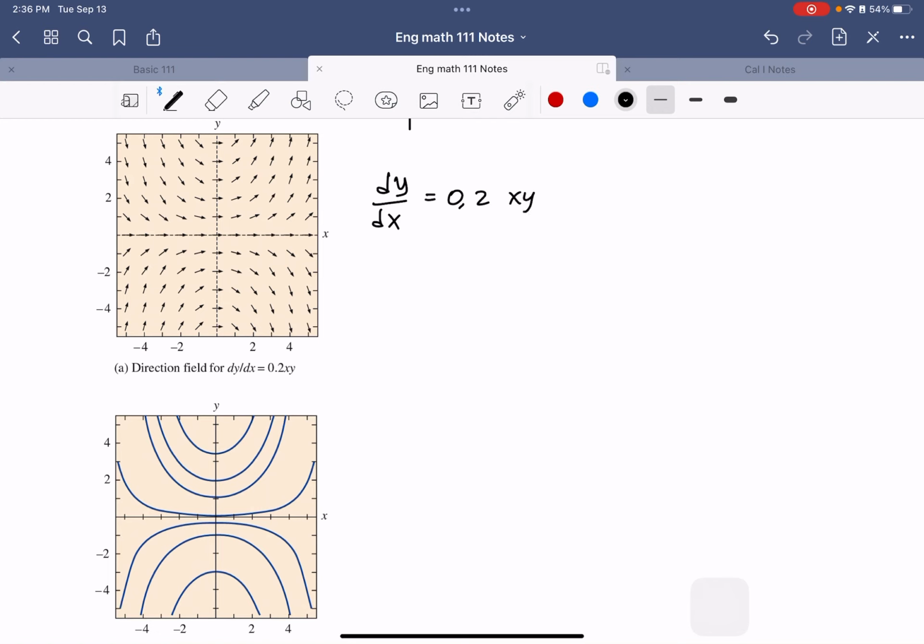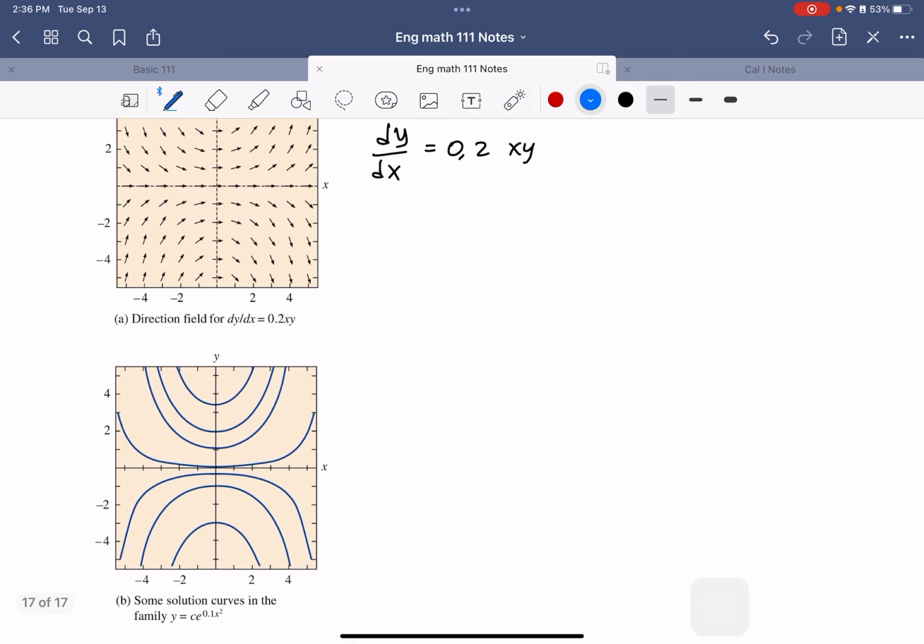They already give you the slope fields here, and when you see the slope fields, we can predict the curve as well. And these are some solutions.